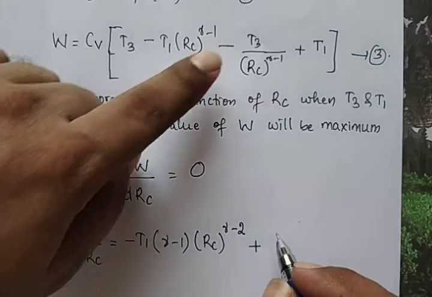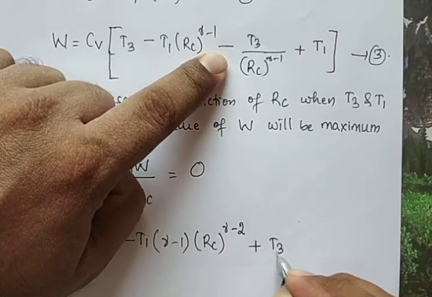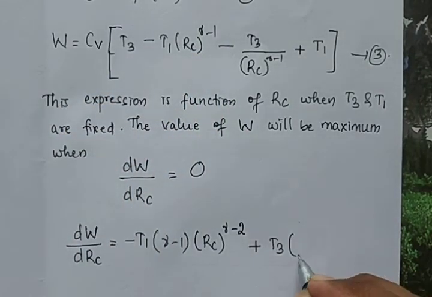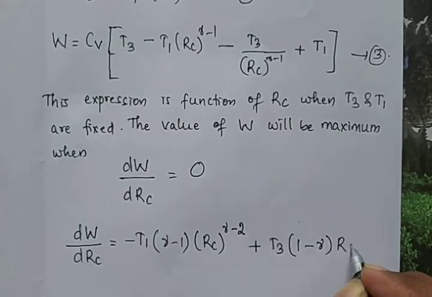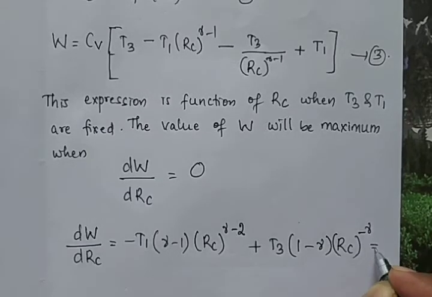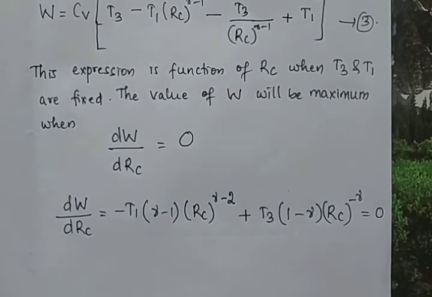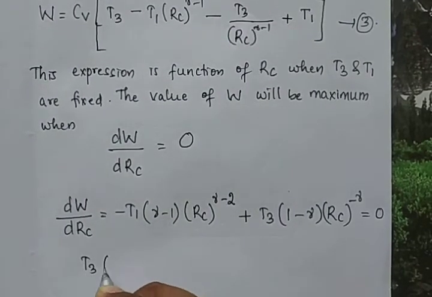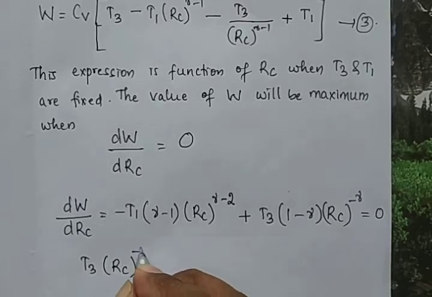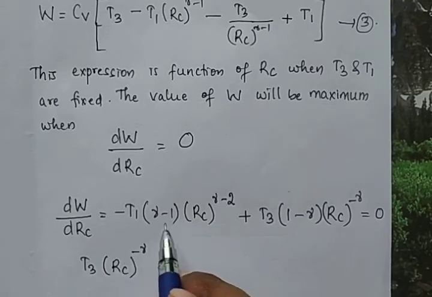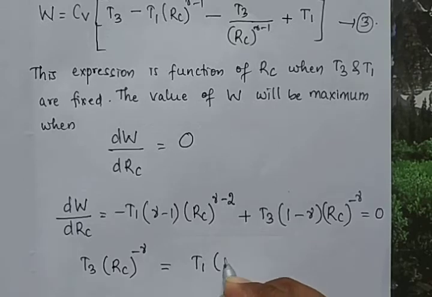Plus, minus minus plus, T3 into (1 minus gamma) I will write. So minus, I have taken it out, into rc to the power minus gamma equal to 0. So rearranging the terms, T3 into rc to the power minus gamma will be equal to, so I have taken this minus term also, 1 minus gamma is constant, so will be equal to T1 into rc to the power gamma minus 2.